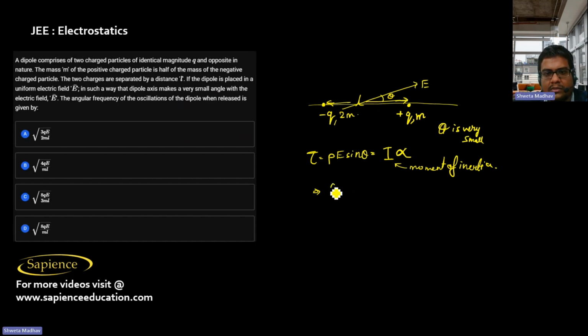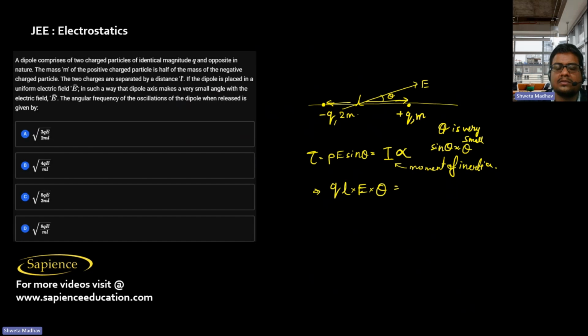P is the dipole moment, that is q into L, and the torque is p into electric field E into sine theta. Since theta is very small, sine theta is approximately equal to theta only. So pE theta is equal to I alpha. I, the moment of inertia, we have to find out.